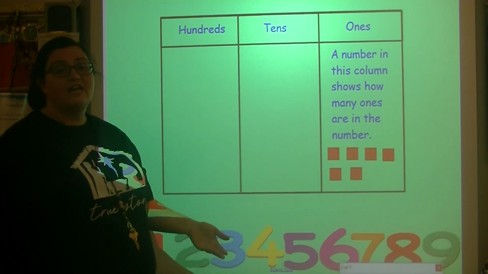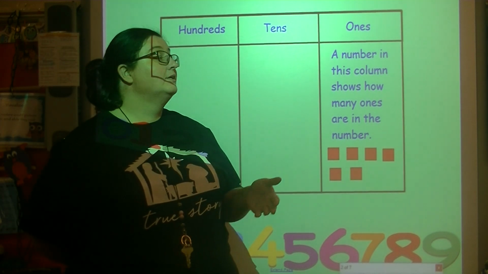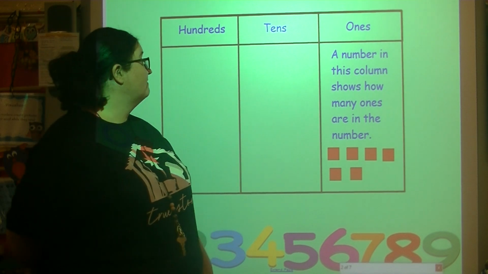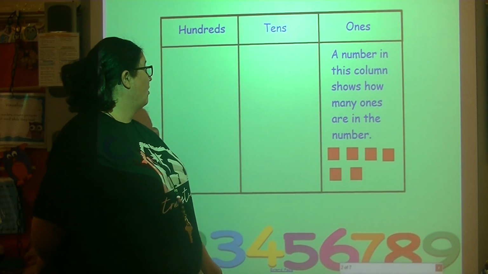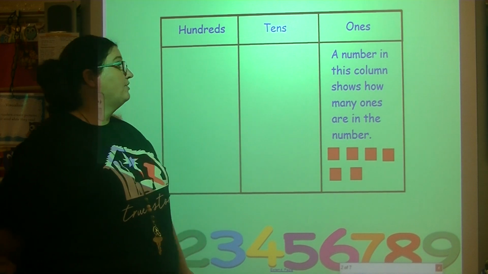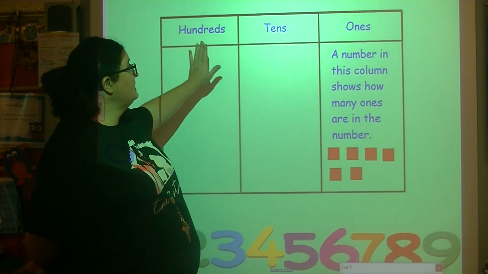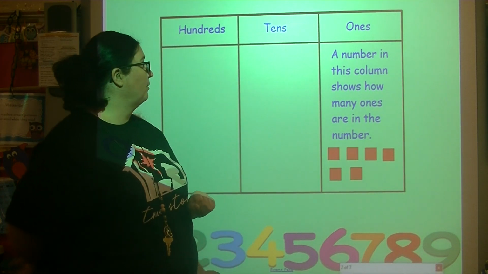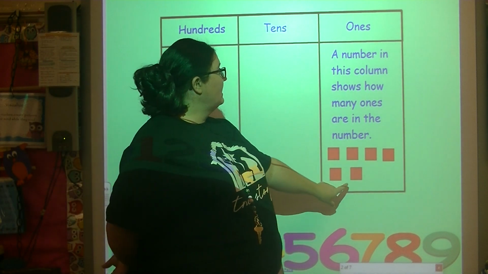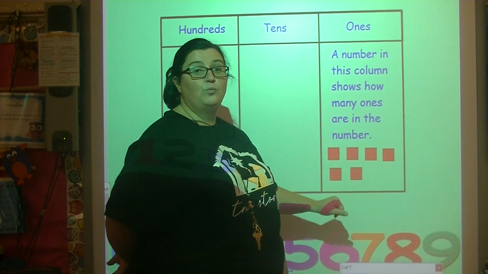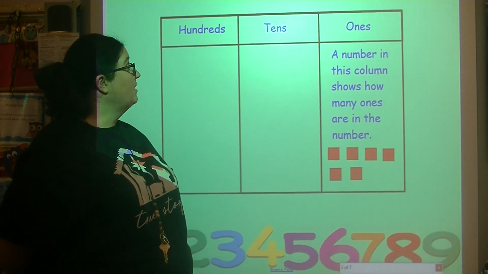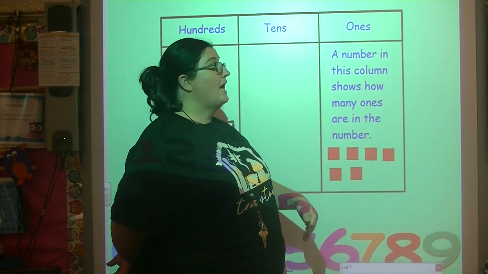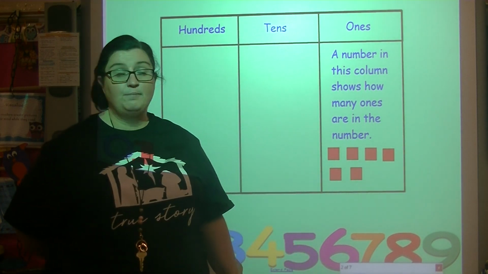So yesterday you reviewed tens and ones only, because that's what you learned in 1st grade. So we have a place value chart. It shows hundreds, tens, and ones for a 3-digit number. This is your ones column. In the ones column, it shows how many ones are in a number.